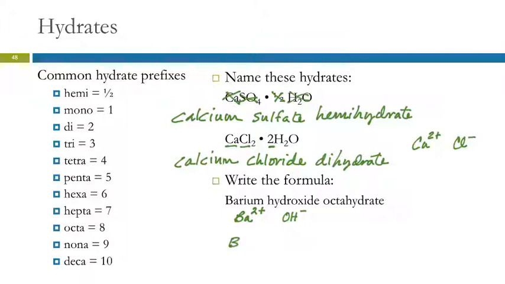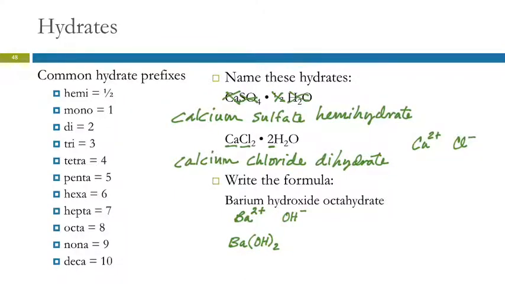So I need 1 barium and 2 hydroxides. Because this is a polyatomic ion, it's got more than 1 atom in it, and I'm going to have 2 of them, I need to shrink wrap them together. So I've got the shrink wrapped hydroxide here, and I put the number of hydroxide ions on the outside. So I've got 1 barium and 2 hydroxide ions.